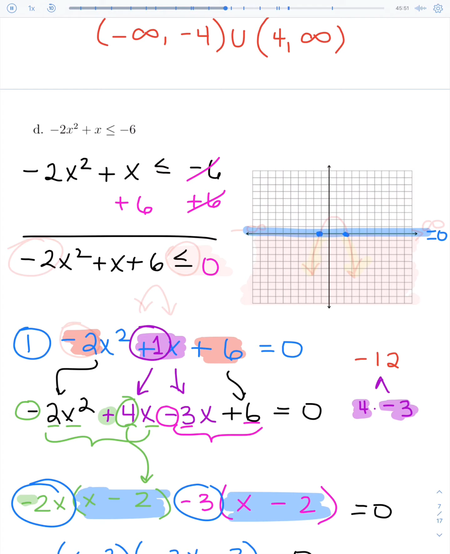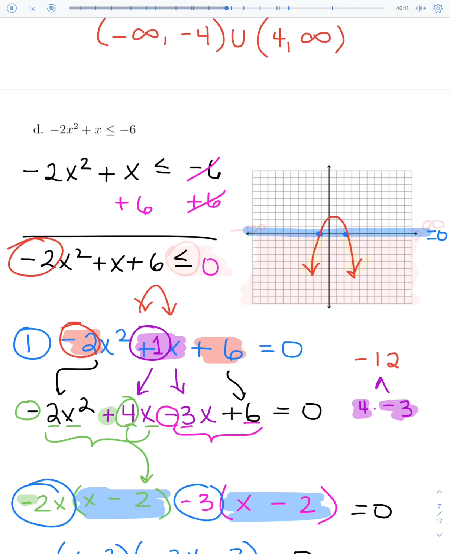Notice this time, though, your parabola has a negative 2x squared out in front, which means your parabola is going to be pointing downward, because it's got a negative coefficient. The question is, what were we looking for on this one? We still wanted the same thing.